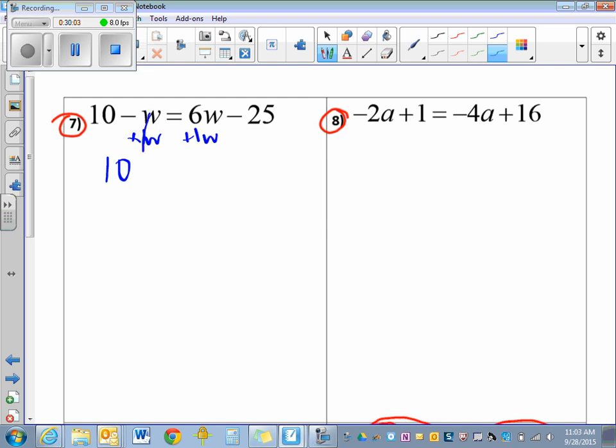So that's no longer there. 6w plus 1w is 7w. And then minus 25. Now it's just like what we did last time. Alright, I need to get w by itself, so I'm going to add 25. Add 25. So that's 35 equals 7w, and those end up canceling each other out.